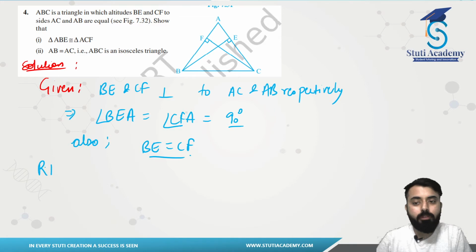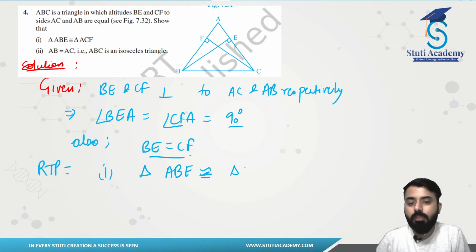Now what do we have to prove? Required to prove: in the first part, we have to prove that triangle ABE is congruent to triangle ACF, and then we have to prove that AB is equal to AC. So in the second part, we have to prove that line segment AB is equal to AC.